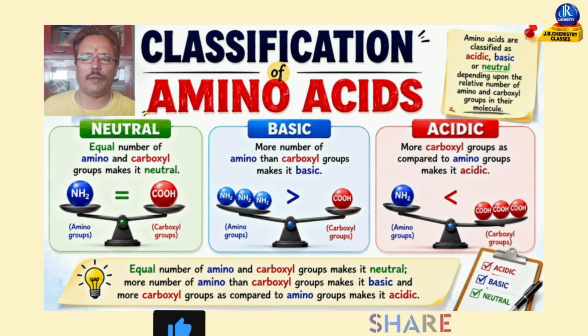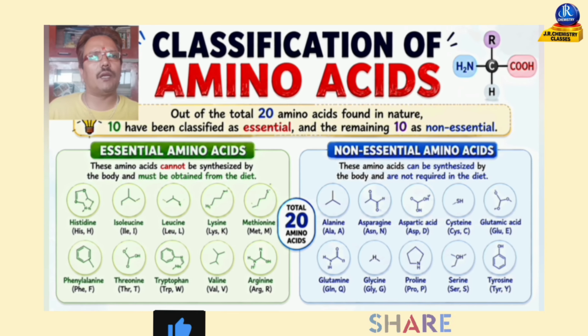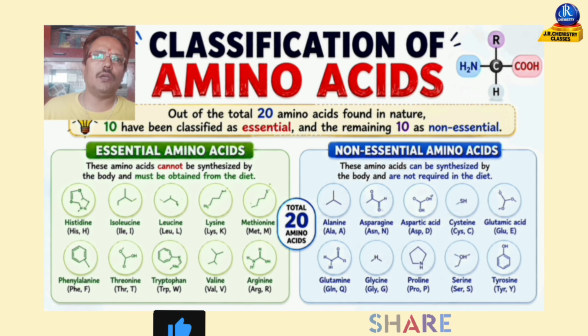More number of amino than carboxyl groups makes it basic, and more carboxylic groups as compared to amino groups makes it acidic.